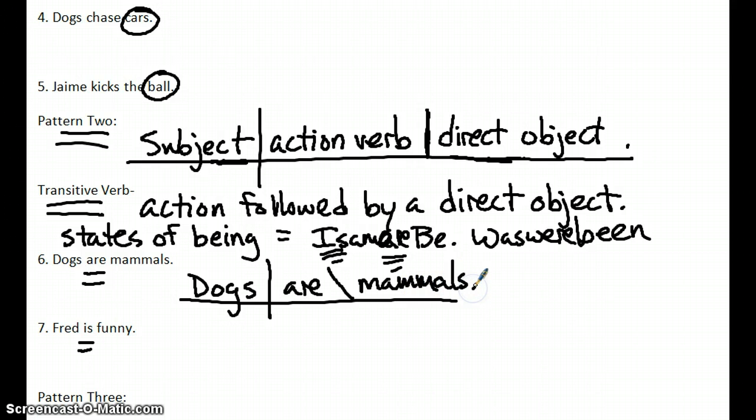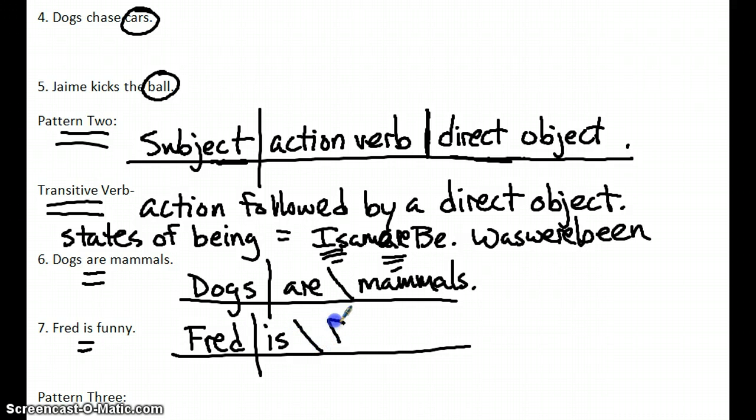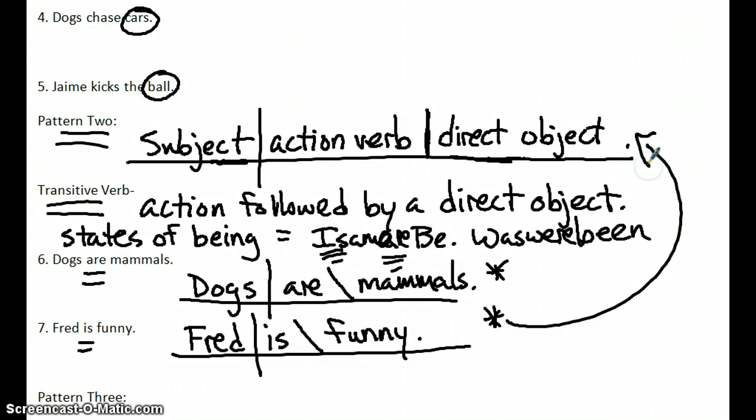I'll do the next one. Fred. What about Fred? He is funny. The only difference between these two examples and these from up here is that second line. Notice the second line is no longer vertical.